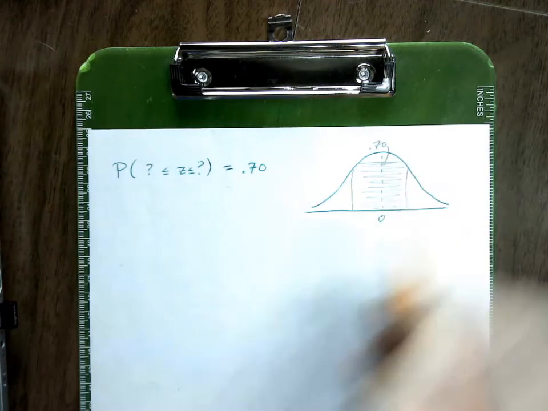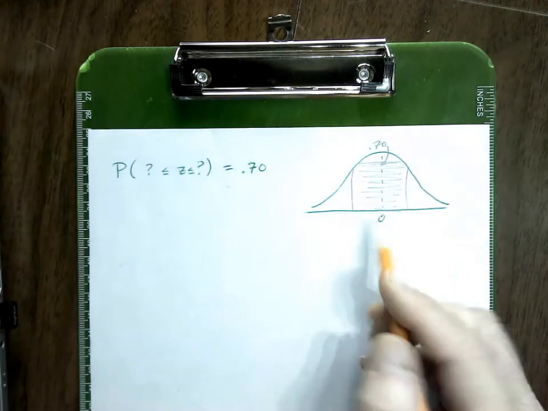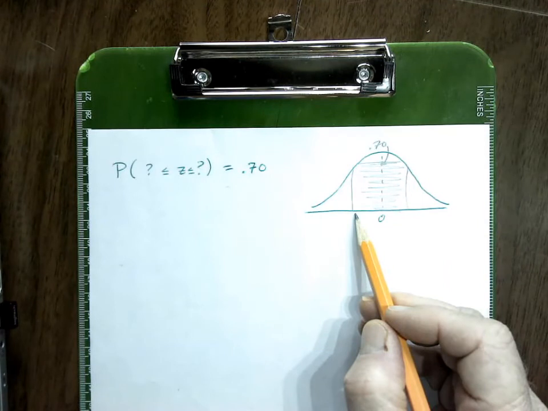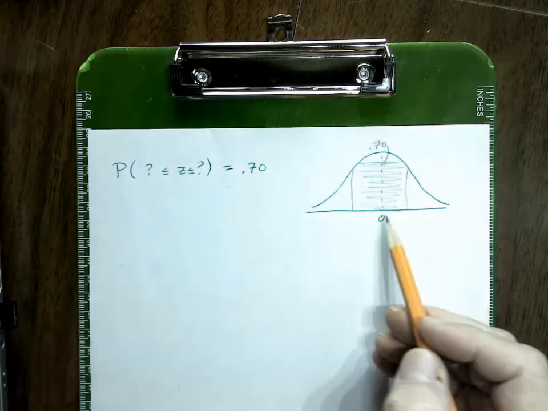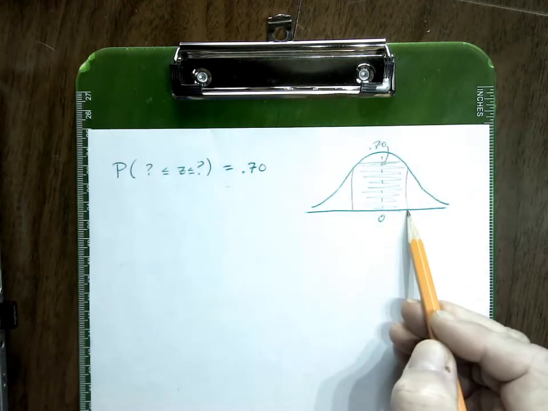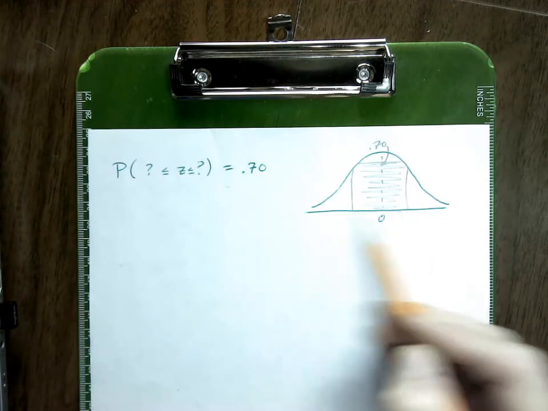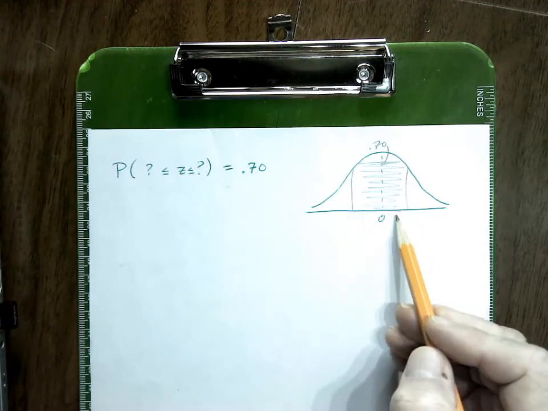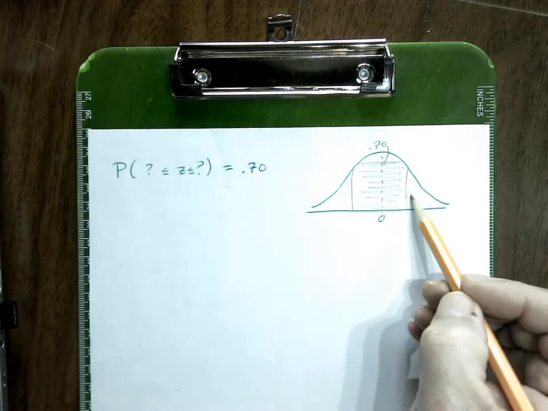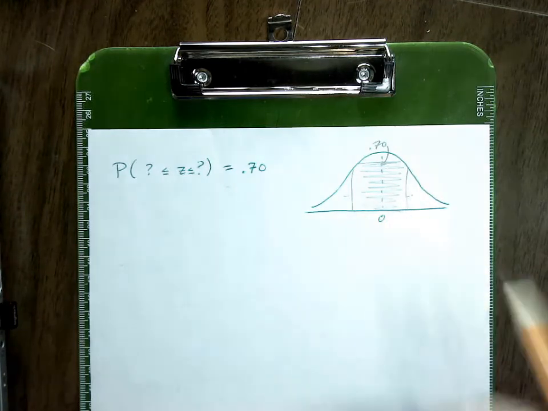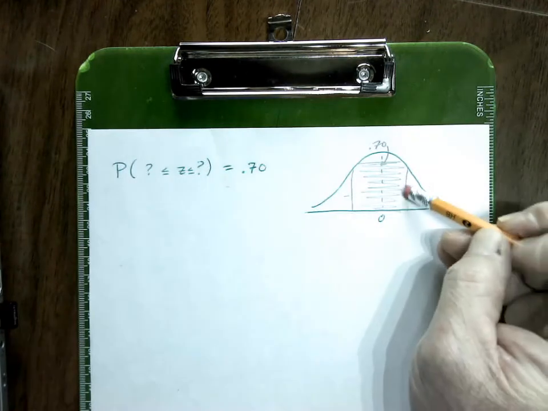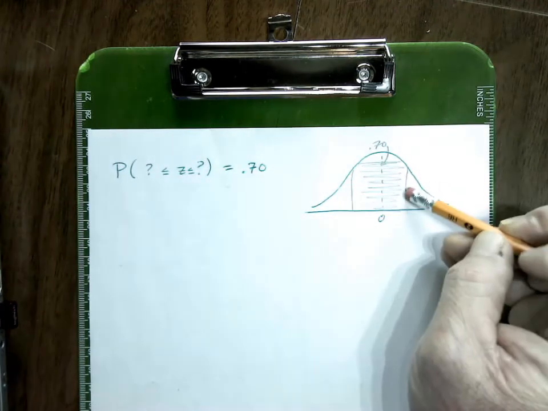Okay. Matter of fact, I already know I probably didn't draw this quite to scale because if I go one standard deviation to either side, that's 68% according to the empirical rule. So this is a little bit beyond one standard deviation to either side. So probably these lines should be a little bit further over, but again, they don't have to be drawn to scale. All right. But that's helpful for me to know.